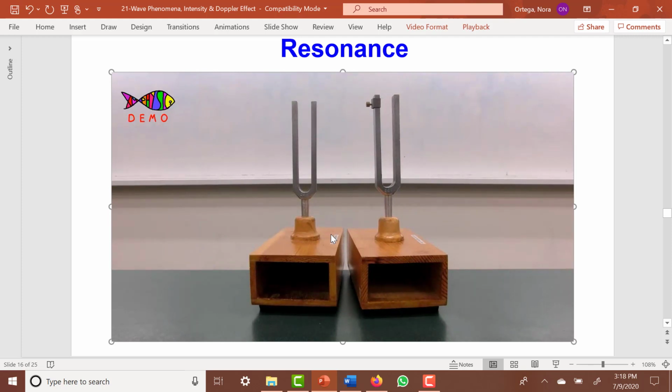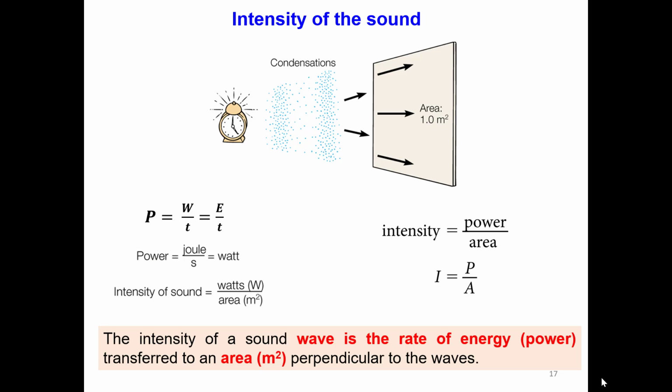Now let's talk about the intensity of the sound. Before we define what intensity is, let's review the concept of power. Power is how much work can be done in unit time. But we know when we do work on some system, we are giving energy to that system, and this is why we can also define power as the rate of energy.